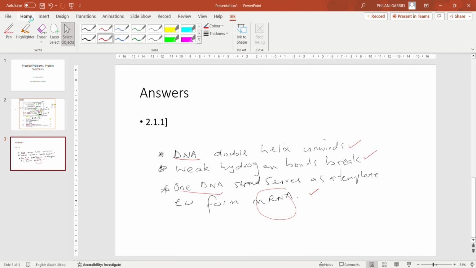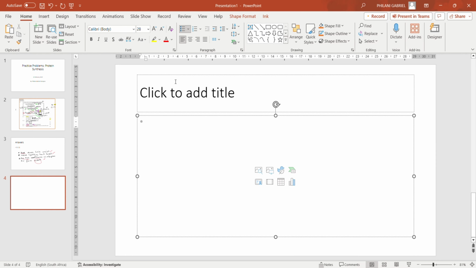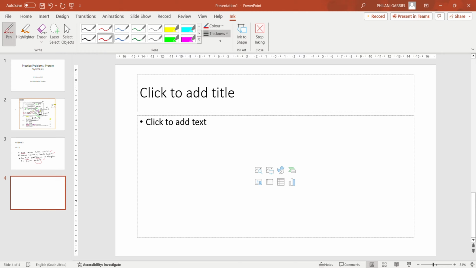So we have to take the points about translation. When we answer a question like this on translation, let me write translation. So this is translation. So first of all, whenever they say describe a process and they do not name that process, you have to first name this process.